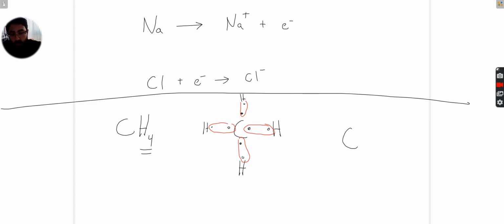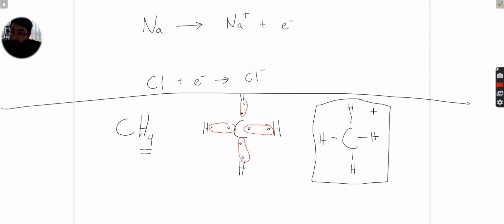That's called the octet rule, and we're going to focus on that a little bit later. This is just a brief introduction if you've missed out on some stuff. But here's a rough structure of a Lewis structure, okay?